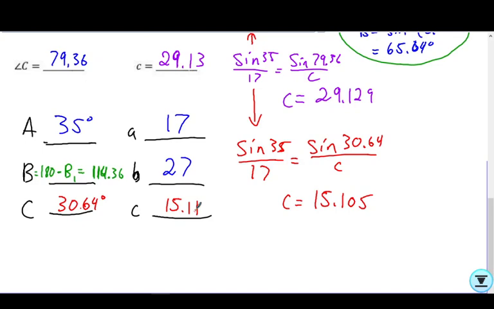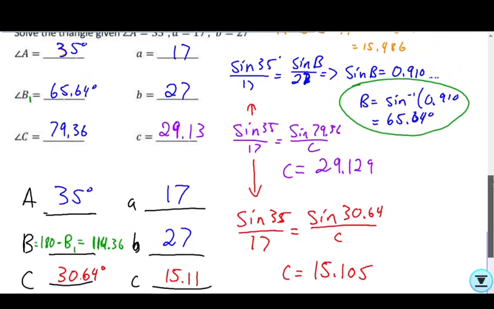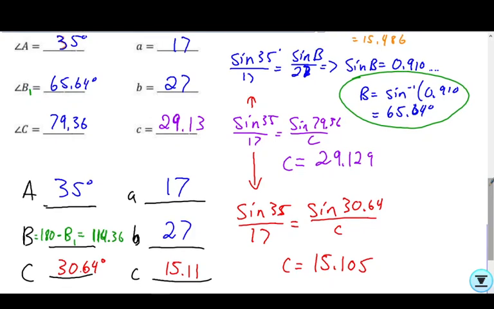Okay? Now, if you look at the work that we've done here, for that second solution, we only did one extra law of sines. For the first solution, we had to do law of sines twice, and for the second solution, we only had to do it once.